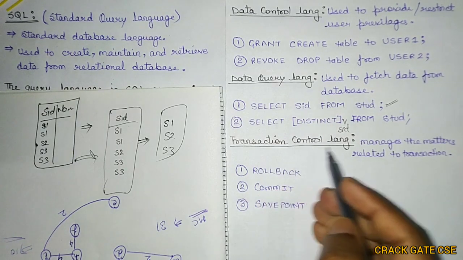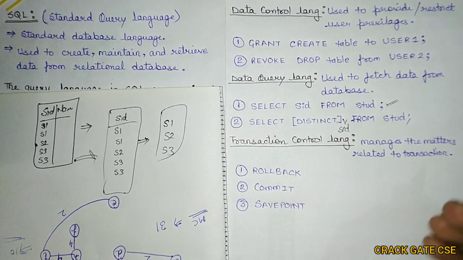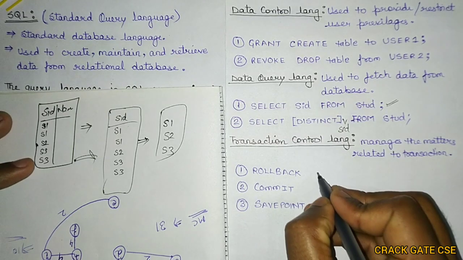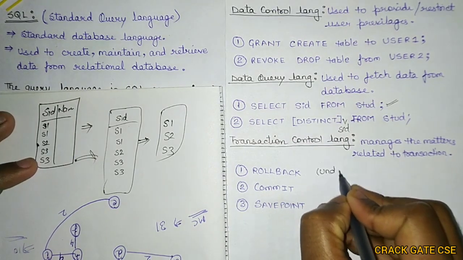Another one is transaction control language. This transaction control language manages the matters related to the transaction. Whatever the conditions or issues we are having with the transaction, they will be managed by this transaction control language. Here there are three commands. One is ROLLBACK. What is the meaning of rollback? Rollback means undo.